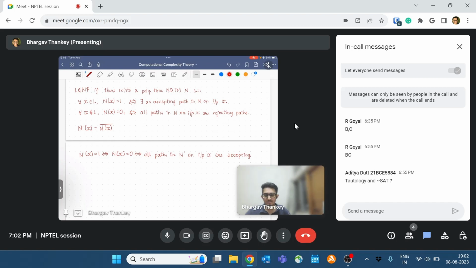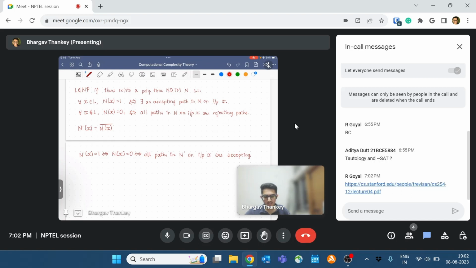I would be really happy if you can spend 2 minutes on this document. The link is in the chat. Please read this definition of NP and let me know if we really need to consider no instances while proving that the language is an element of NP.